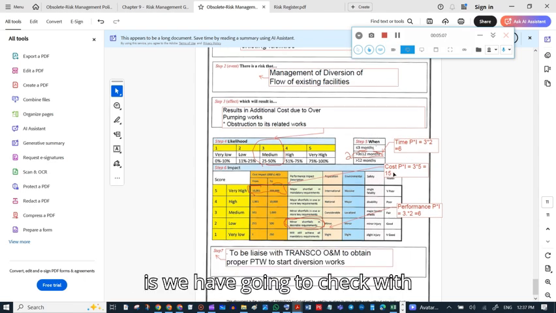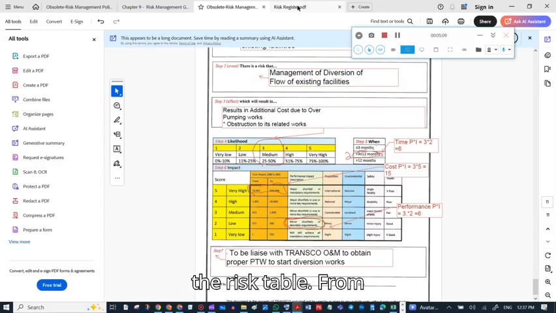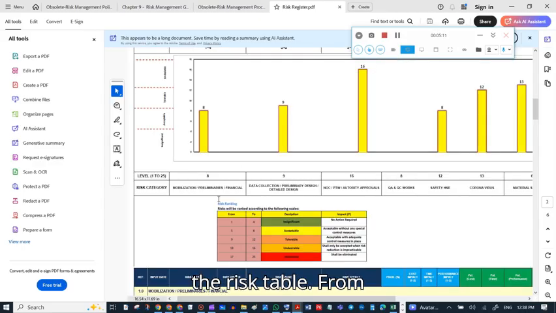So we are going to check the risk register. There is a table from 1 to 4, 5 to 8, 9 to 12, 13 to 16, and 17 to 25. Insignificant means no action required. 5 to 8 is acceptable without any special control measures.